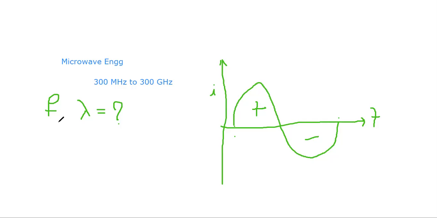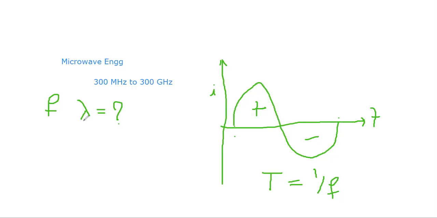So suppose I take capital T as the time period, capital T equals 1 by f. Now this capital T is 1 by f. This relation we are aware of, so accordingly we can go for the frequency.